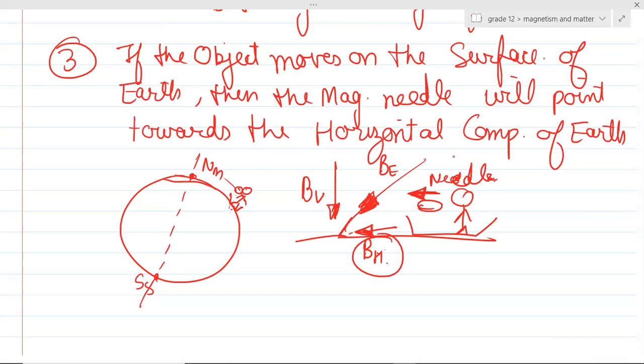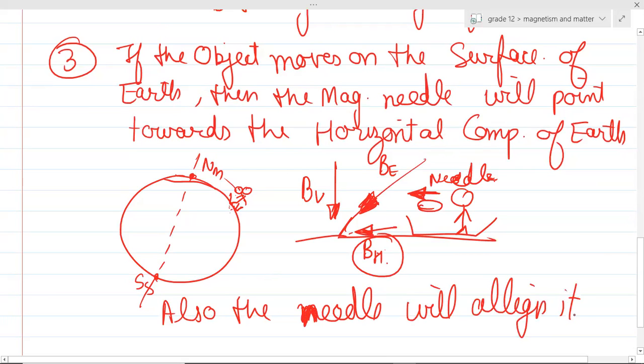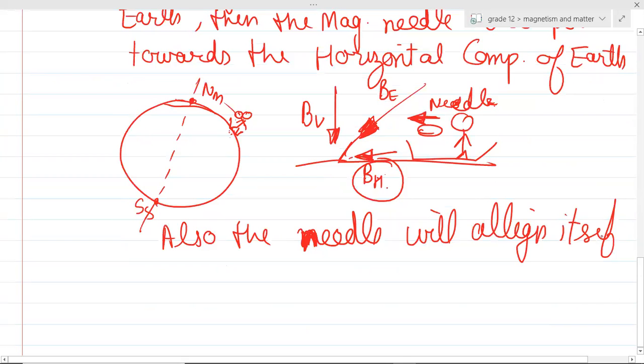And please remember this, the needle will always point towards the horizontal component of Earth. Also, if I want to talk in terms of the plane, the needle will align itself in the horizontal magnetic meridian.